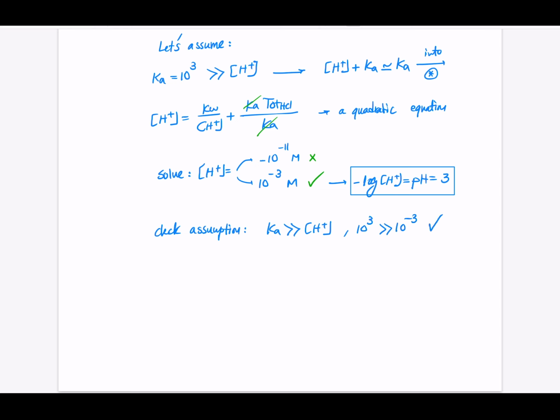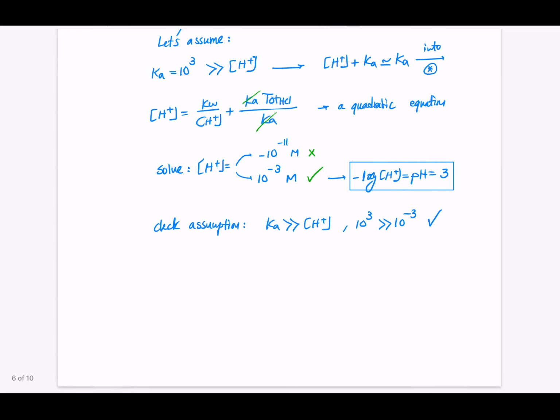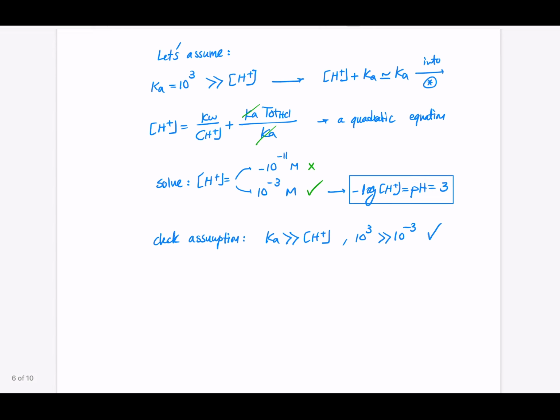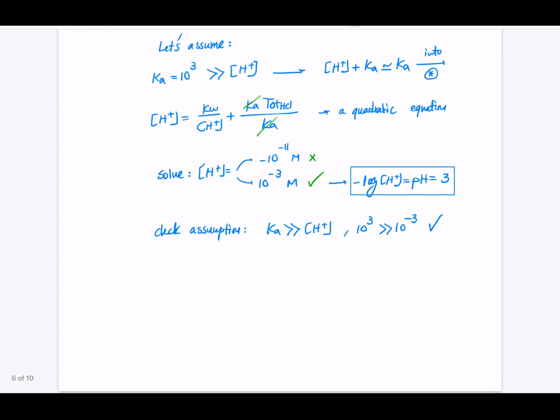So it was a valid assumption. And now we have H plus, then the rest would be pretty simple and straightforward. You unlocked one speciation, then the rest is up to you what kind of equation you want to use to calculate the speciation of the acid base.